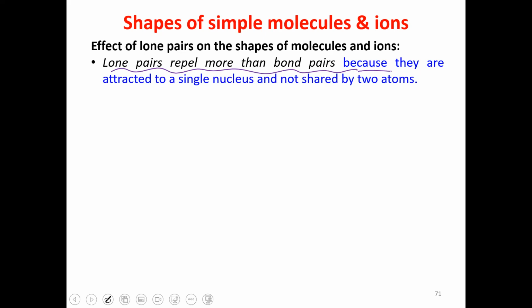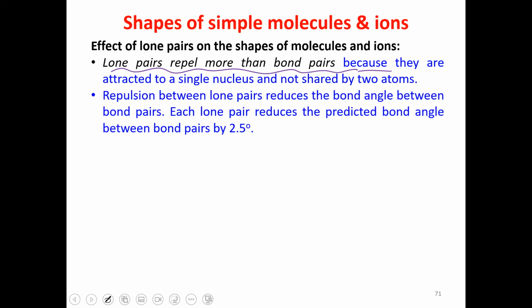Basically, it's because lone pairs are alone and not in a bond. Lone pair actually means they belong to one nucleus, while a shared pair has to satisfy two nuclei. So in the case of two nuclei, they are more bonded, more localized. Lone pairs are less localized.